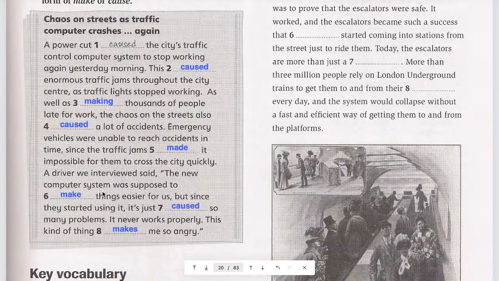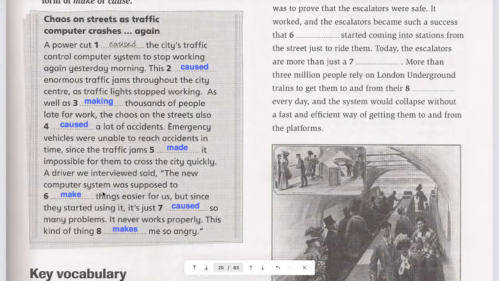But why is that one still in the past, yet the word make is in the base form of the verb? Why don't we use made? No, not because of that.